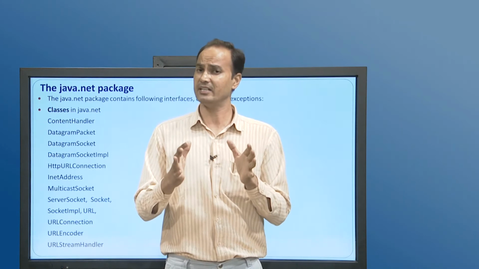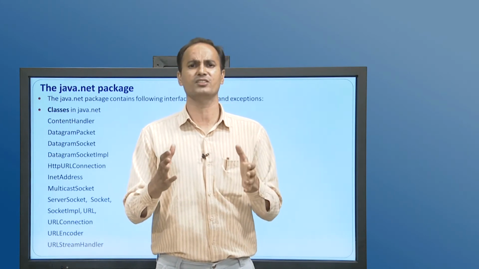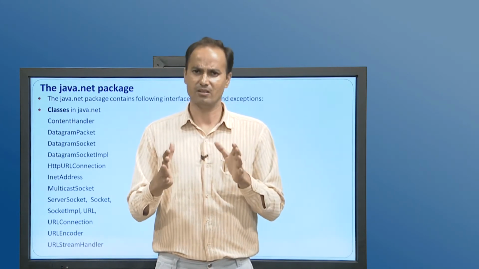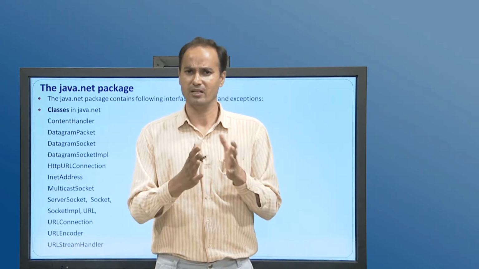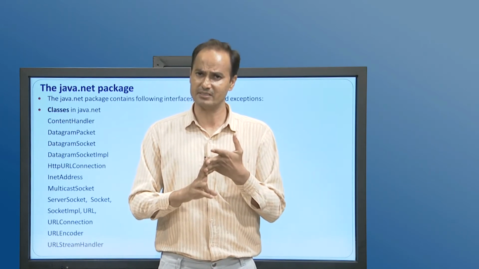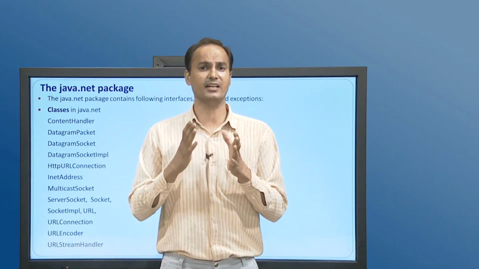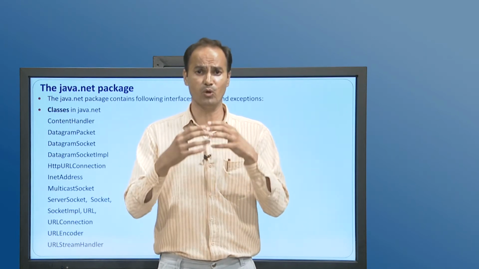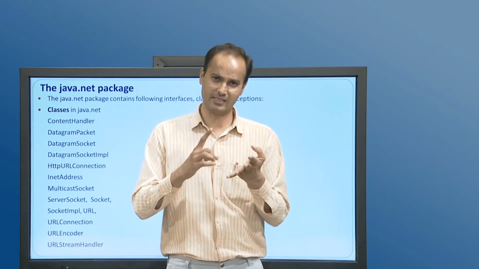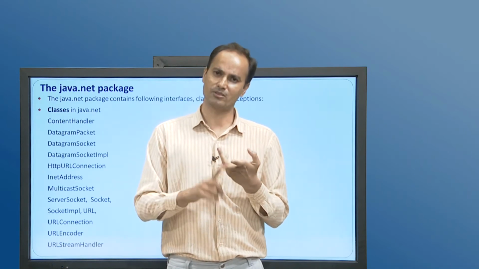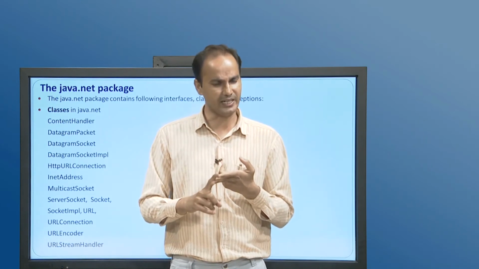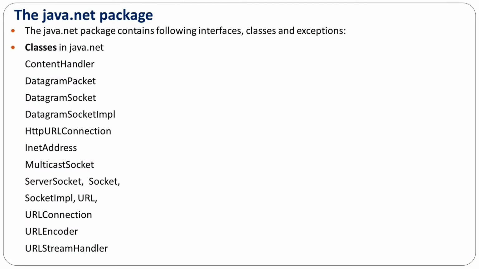A package is a collection of classes, interfaces, and other functionality as well as exceptions. Various classes are there in the java.net package. Among them, the most important are the Socket class, ServerSocket class, DatagramPacket, DatagramSocket, URLConnection, and URLEncoder. Apart from these there are other classes, but these are the most important ones that we are going to discuss in detail.